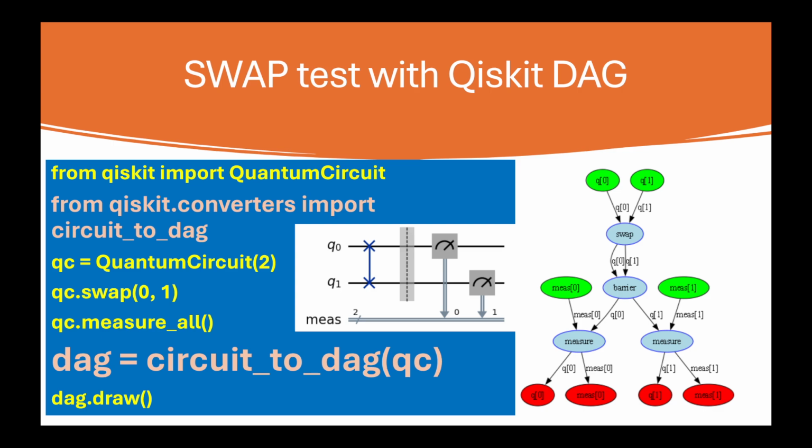Here all these lines are the same, but the 2 I wrote here means there are 2 qubits, and I use swap. Swap is the keyword for the Fredkin gate. So you can see here, if we run this, this is a quantum circuit, and this is a DAG graph. So that is the visualization here.